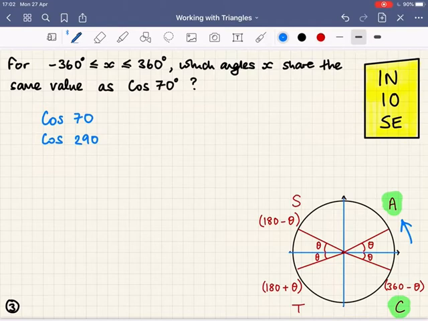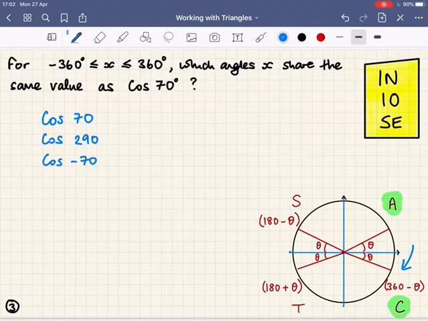Now if I decide to go in the other direction, instead of going in an anti-clockwise direction, I'm going to go for negative angles. Sorry, a clockwise direction. Then I know it's still in those two quadrants. The first angle will be in this fourth quadrant and will simply be cosine of minus 70 because I've gone round as far as that red line marking the angle theta in the fourth quadrant.